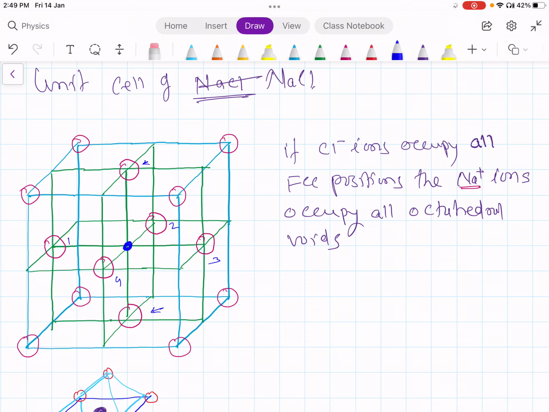This void is surrounded by eight faces, because after joining these atoms it will form four surfaces on the top plane and four on the bottom plane. So this void where this sodium ion sits is surrounded by eight faces, and we call it an octahedral void.